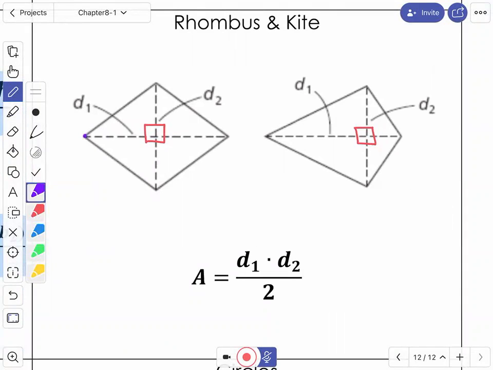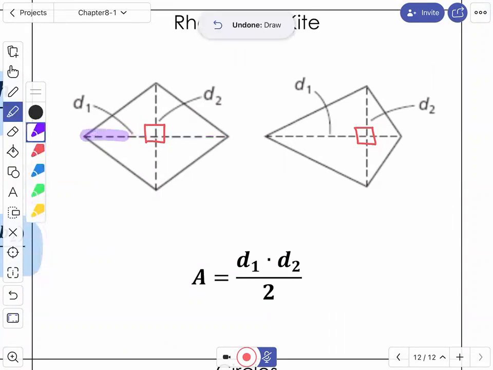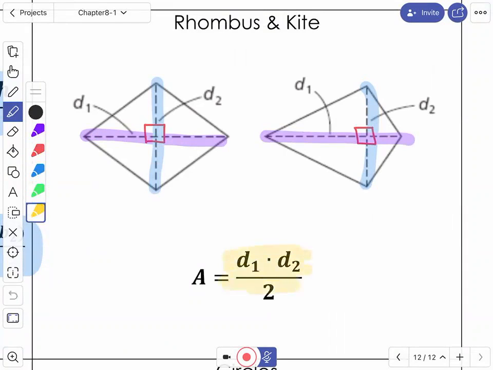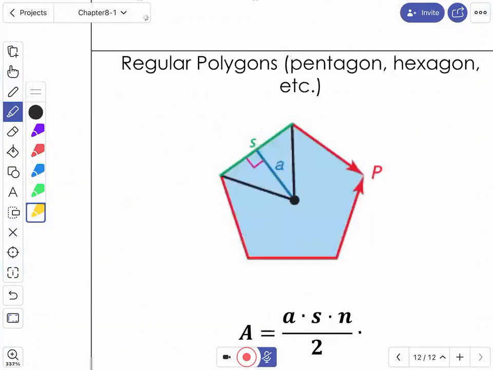We need the entire diagonals to make up our two formulas, and same for the other one. We need both diagonals because that's what makes up our area formula. Diagonal 1 times diagonal 2, divided by 2, will give us the whole entire area. So again, for these, the diagonals are acting like your base and height.